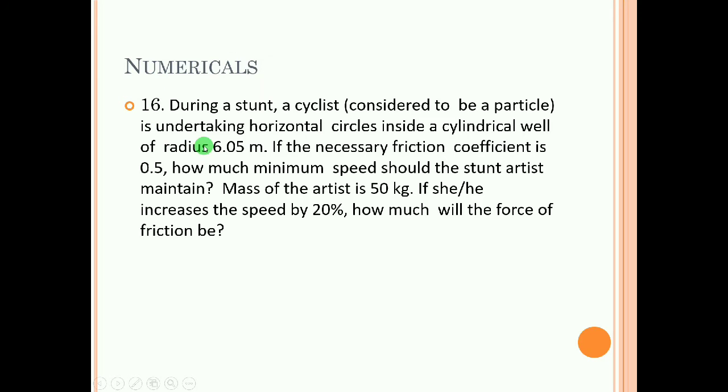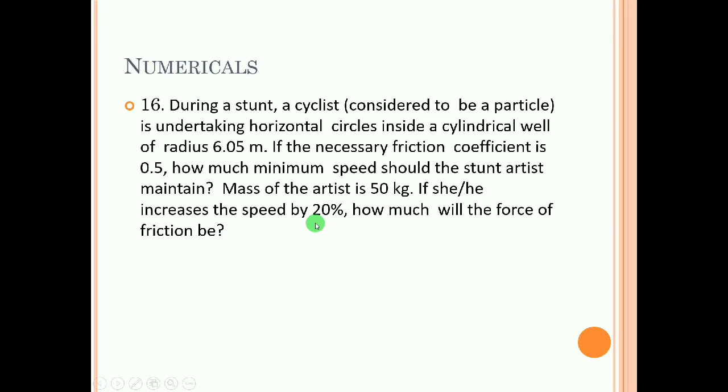So what is given here? This is the case of the well of death that we already discussed in our derivation, right? Radius is given, then the coefficient of static friction is given as 0.5, and the mass of the artist is given as 50 kg.